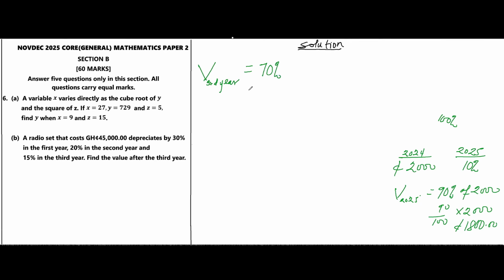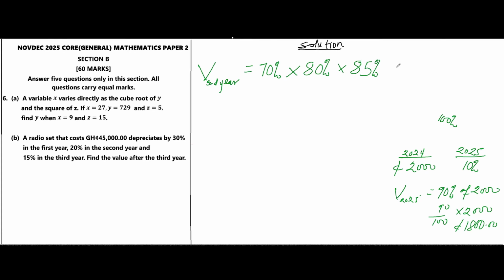Now in the second year, 20% was taken away. So when you take 20% from 100%, you will be left with 80%. And in the third year, 15% was taken away. So when it depreciates by 15%, the remaining percentage will be 85%.